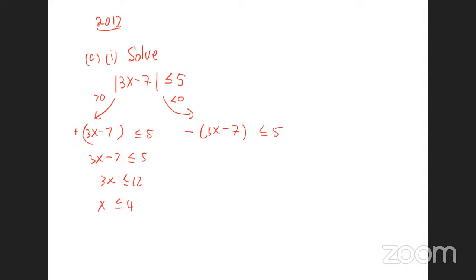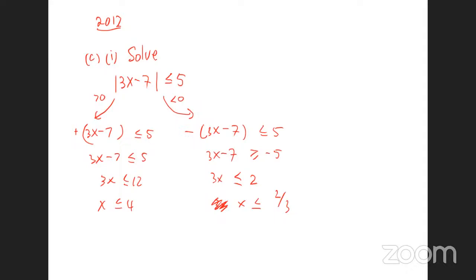When you divide by a negative, 3x minus 7 is more than or equal to minus 5. So 3x is more than or equal to 2, x is more than or equal to 2/3.